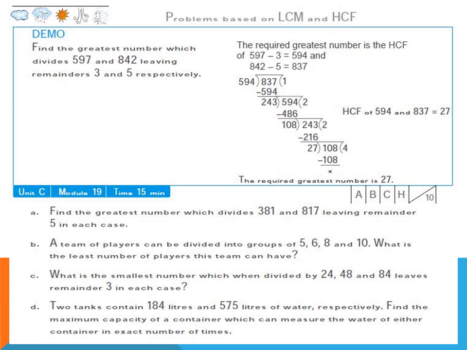So if we subtract 5 from 842, we will get 837. Then this number will divide 837 completely. Simple. So now we have to simply find the HCF of 594 and 837.